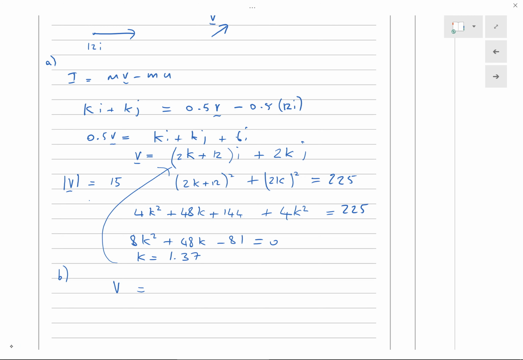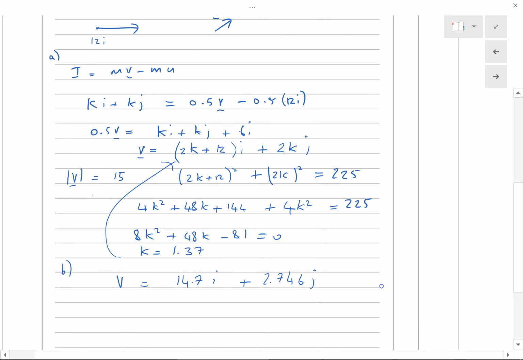I've got that as 14.7 approximately, to 3 significant figures, i, plus 2 times that 1.37 number, which is 2.746 j and all the rest of it.